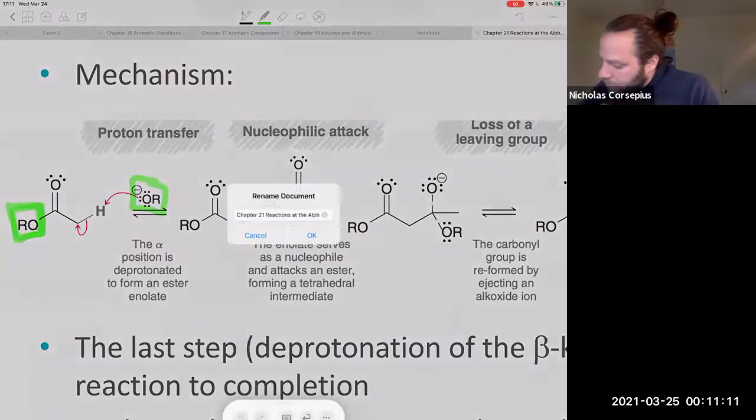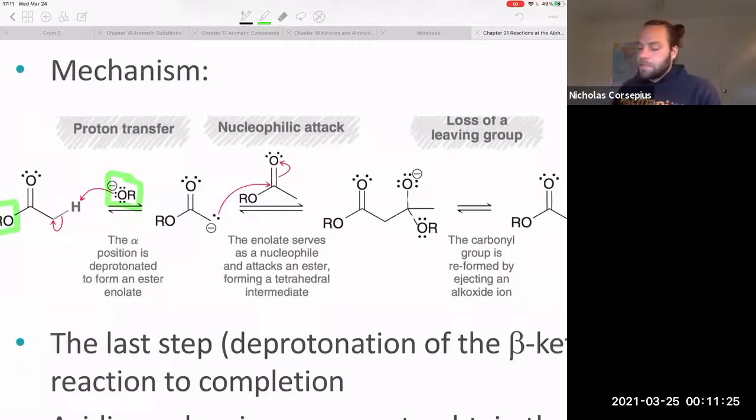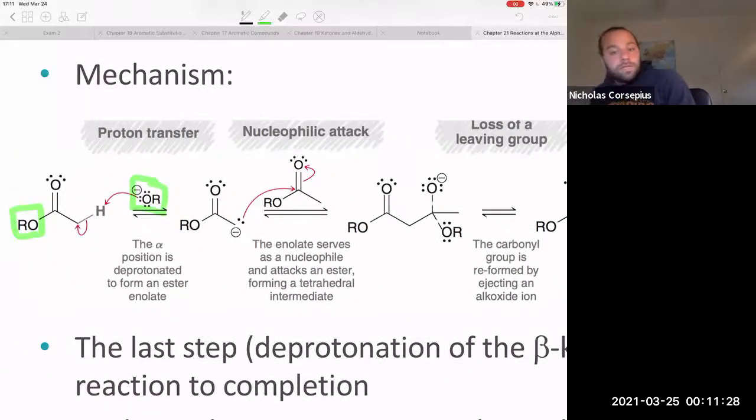And now we're going to have our enolate ion reacting as the nucleophile and reacting with another ester molecule that's our electrophile. So that attacks that carbonyl carbon, kicks that pair of electrons up. That gives us a tetrahedral intermediate. What do we always ask ourselves when we get to the tetrahedral intermediate step?